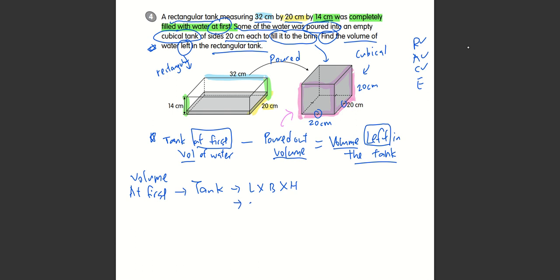The length is 32 centimeter times the breadth 20 centimeter. And when it's full, the height of the tank is 14 centimeter. So this volume will be a certain number. Please partition your work to do the calculations. I'll leave you to resolve that on your own.